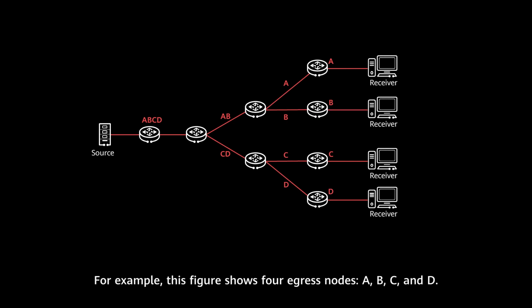For example, this figure shows 4 egress nodes, A, B, C, and D. Each of these nodes is allocated 1 bit. Totally, there are 4 bits in this bitstring. If a bit is set in the bitstring carried in a packet, the packet needs to be forwarded to the corresponding egress node.